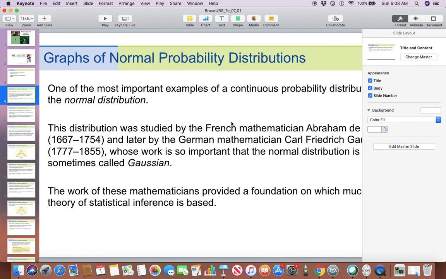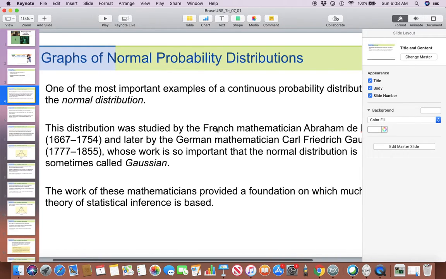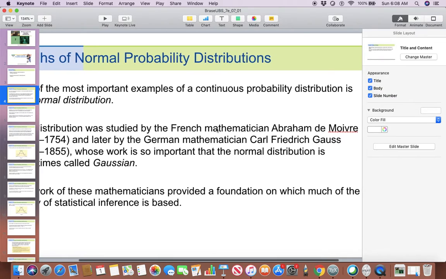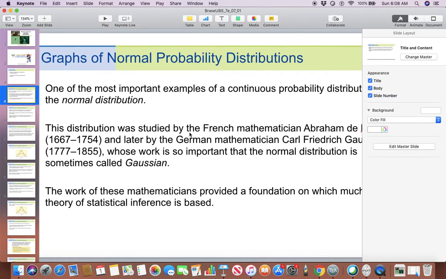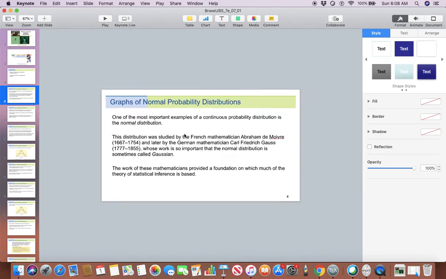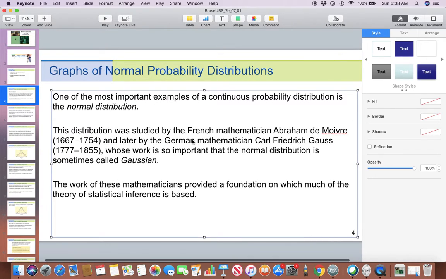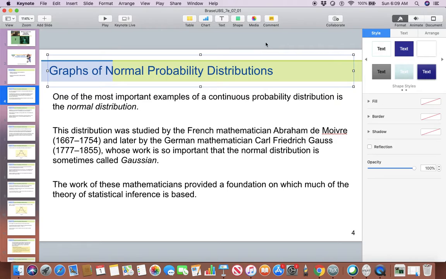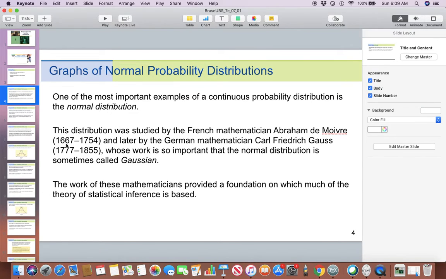One of the most important examples of a continuous probability distribution is the normal curve. This distribution was discussed by the French mathematician Abraham de Moivre, 1667 to 1754, and later by the German mathematician Carl Friedrich Gauss, 1777 to 1855, whose work is so important that the normal distribution is sometimes called Gaussian.